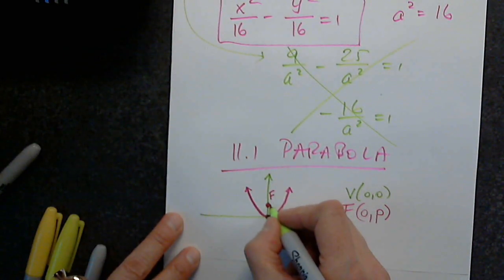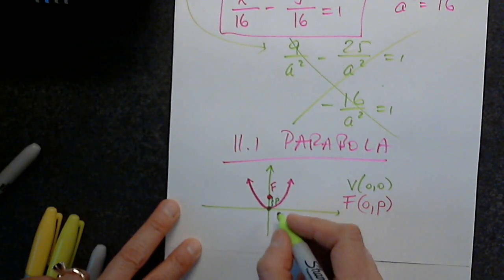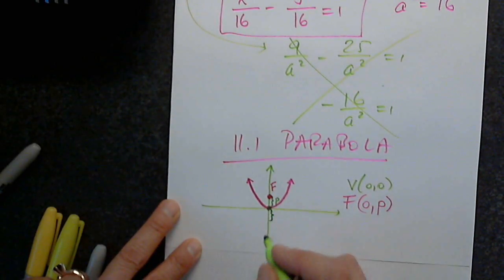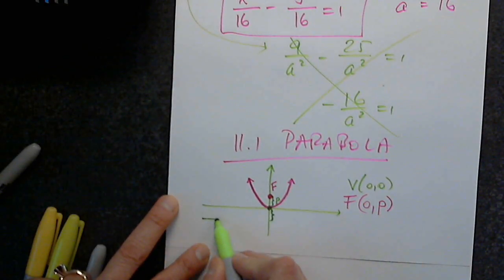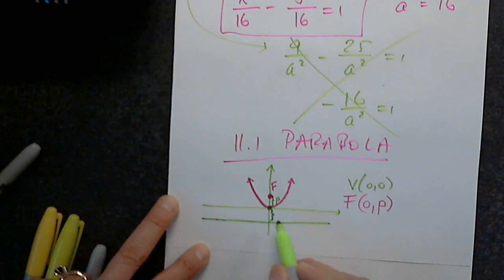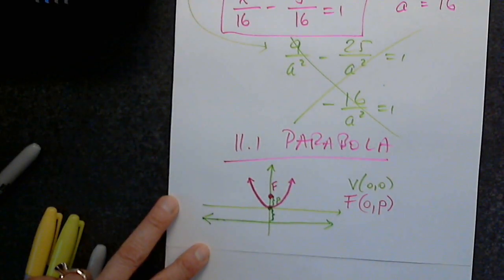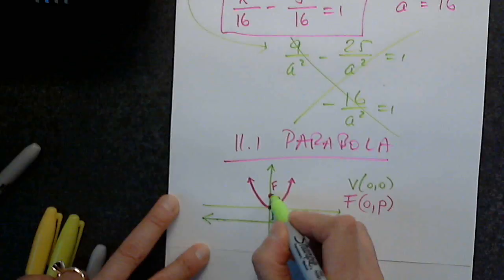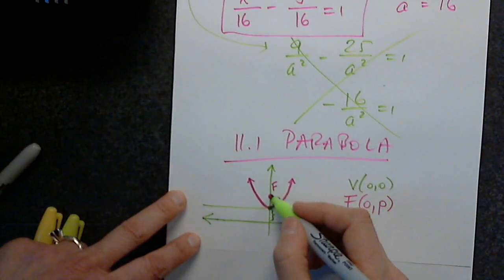So then this distance is p. I will measure it on the other side of the vertex, and I will draw a line, which is a horizontal line. So p is where? It's between the focus and the vertex? 0, comma p. So from the origin till this point, that's how we measure points, right? We plot points. So this is p.